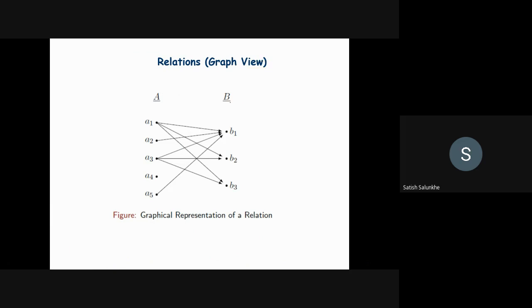When you say there is a relationship between A to B, you are just mentioning A to B, there is a relation R. R is the name of the relation. It may be R1, R2, R3 as per your convenience. You are just giving the label. So in this case, this is called the domain of relation R.